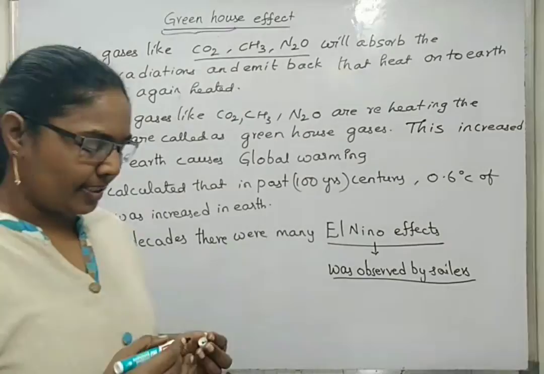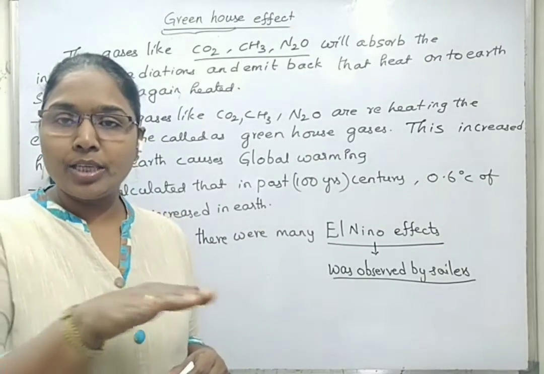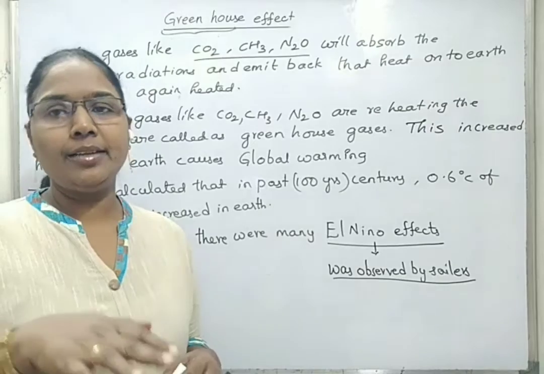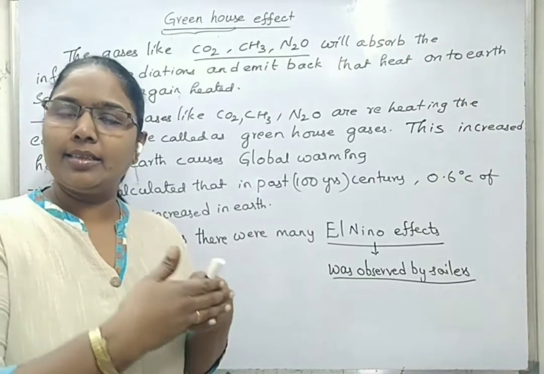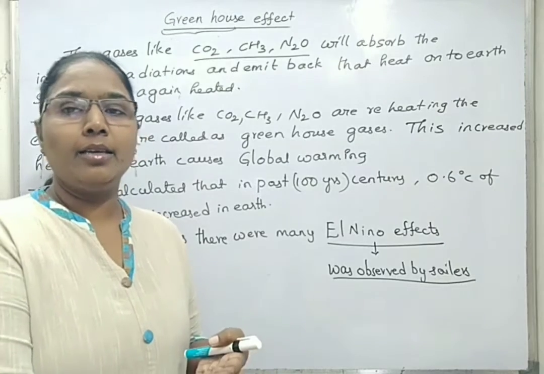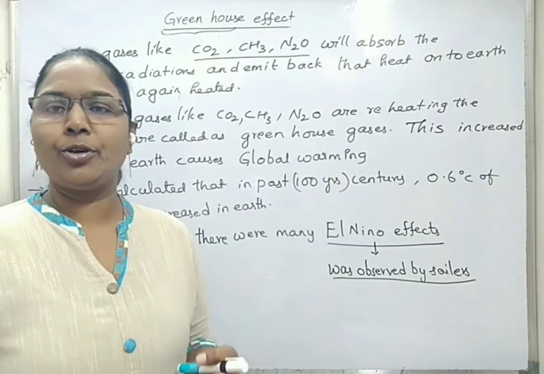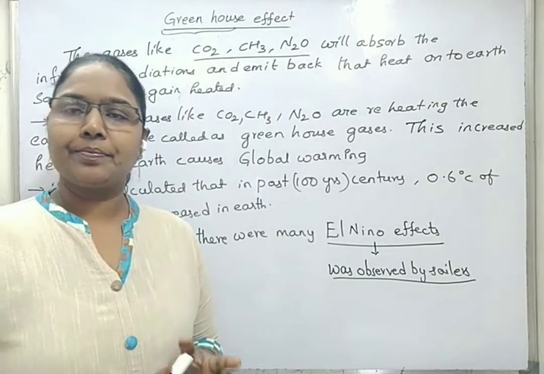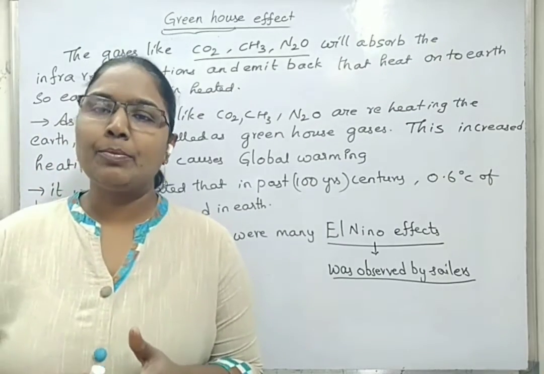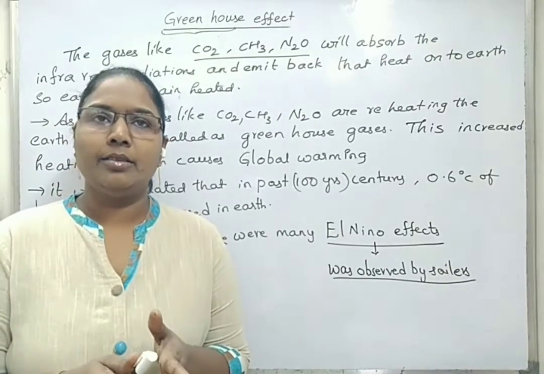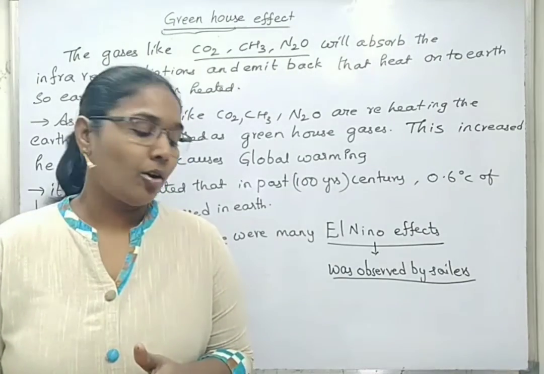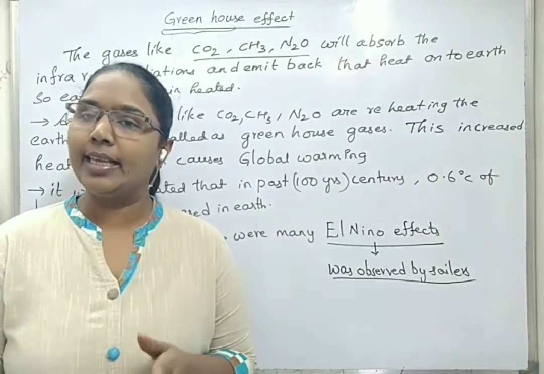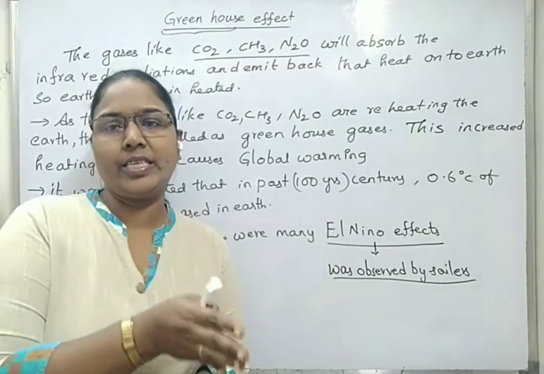El Nino effect is nothing but weakening of the outermost surface of the ocean water. So what happens is, the water becomes hotter, and the cold water will be pushed towards the bottom layers of the ocean. Initially, in some of the areas, the air winds, which are also called trade winds, will be moving from east to west direction.